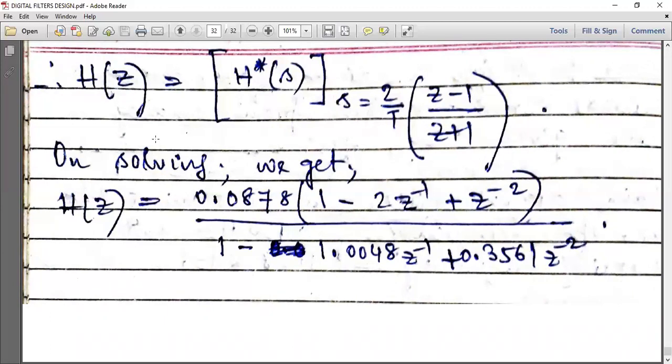Now, related to the choice of windows, if I ask which window is better, Hamming window or Hanning window? So what will be your answer? You see, both. Why did I ask this question? Because both Hamming window and Hanning window have the same transition width.